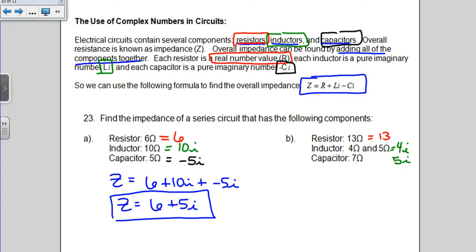And then the capacitor is 7 ohms, so we're going to call that negative 7i. And then your task to find overall impedance is just to add that all together. So we have 13 plus 4i plus 5i, and then I'm just going to write minus 7i. So when I add those all together, I get 13 plus 9 minus 7 is a plus 2i.